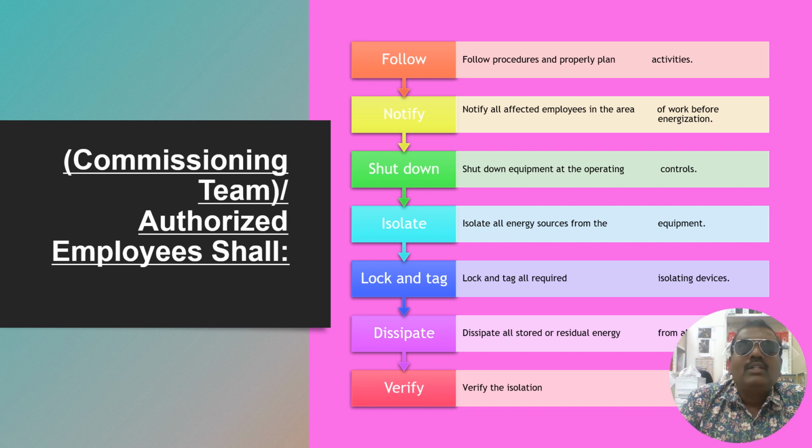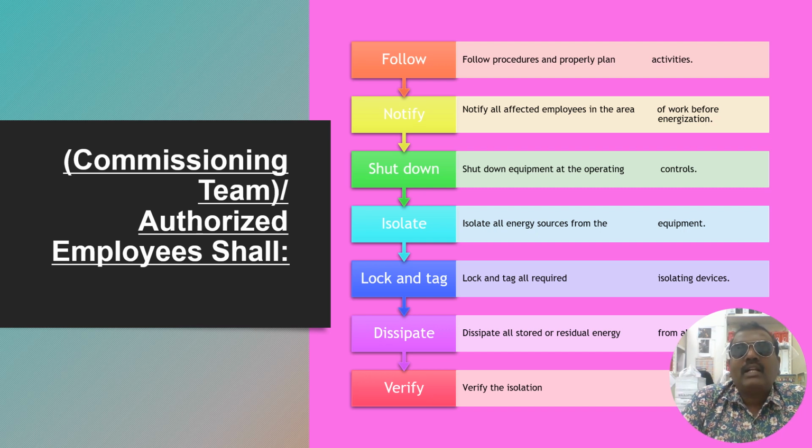Dissipate all the stored energy. What is this dissipate? Dissipate means the stored energy which is in the electrical or in the pipelines. It should be exhausted. Before removing any pipelines, we should ensure that there is no residual energy inside the pipeline.